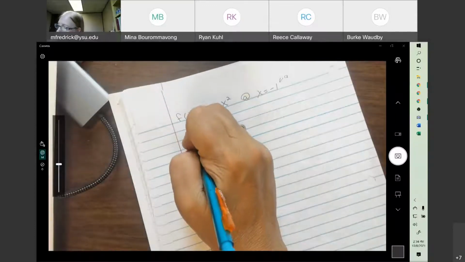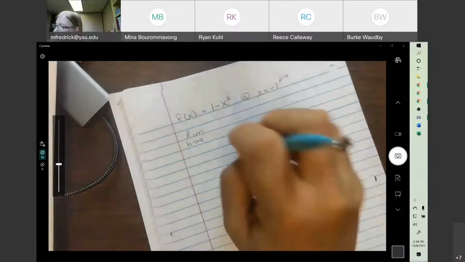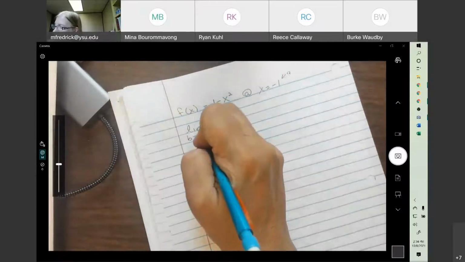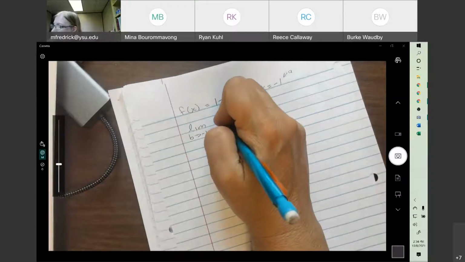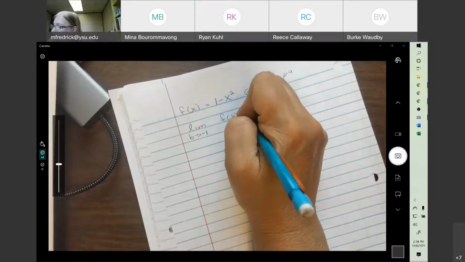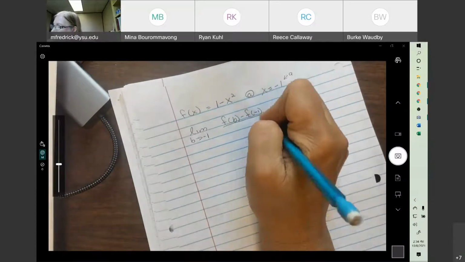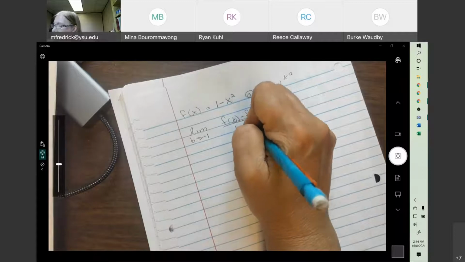And the limit as b approaches a, which is, I'm just going to fill it in, negative 1, of f of b minus f of negative 1 over b minus negative 1.